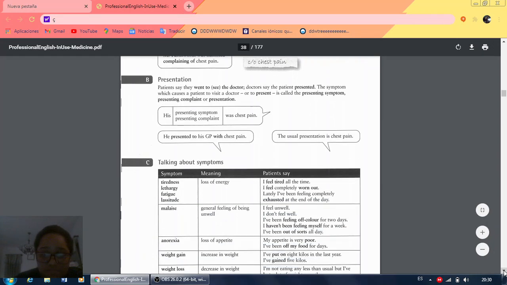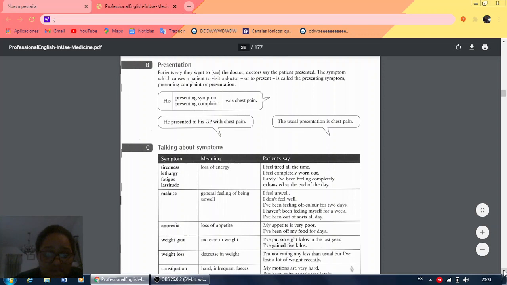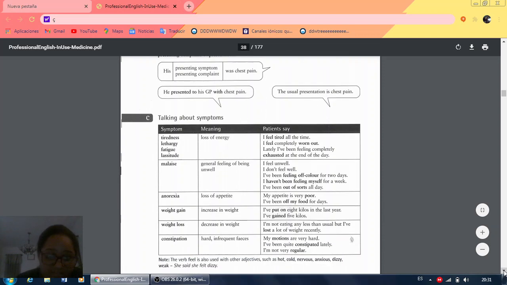Talk about symptoms. Symptoms. Fatigue, lethargy, anorexia, weight loss, constipation, loss of energy, general feeling of being unwell, loss of appetite, increase in weight, decrease in weight.